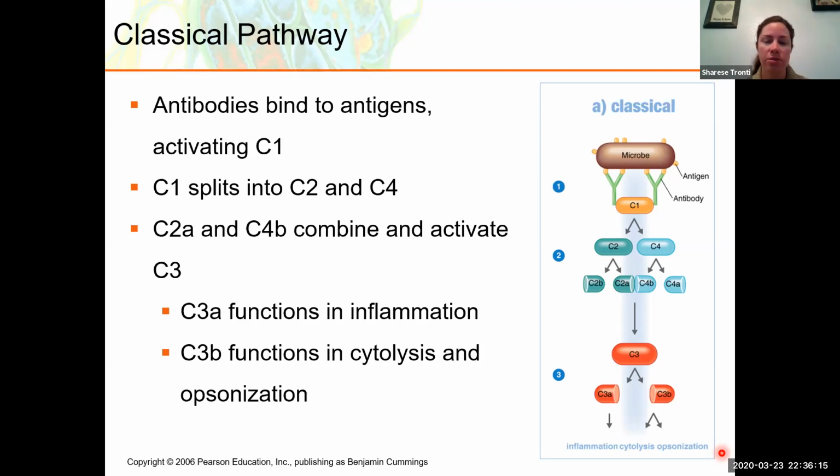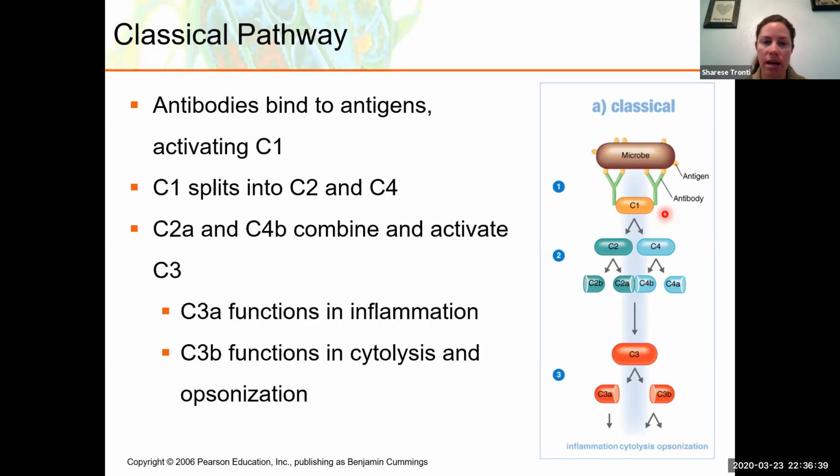So the classical pathway begins when the antibodies bind to the antigen. So here's the antibody in green. Antigen, of course, is on the surface of the microbe. So the antibody binds to the antigen, and that binding will activate C1. See, these are all different proteins. Okay?